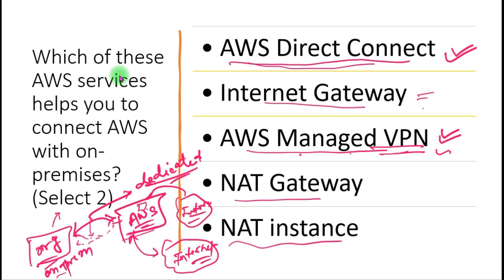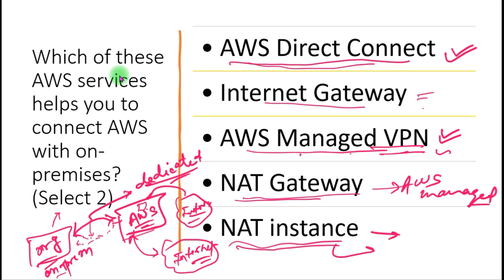In that case, for that connection we use NAT Gateway. NAT Instance is an instance which can be installed from a NAT template, that is an AMI, and we can configure it to work as a gateway. NAT Gateway is an AWS managed service, while this one we need to manage manually. So I hope all these services are clear to you, and for this question our answer will be AWS Direct Connect and AWS Managed VPN.